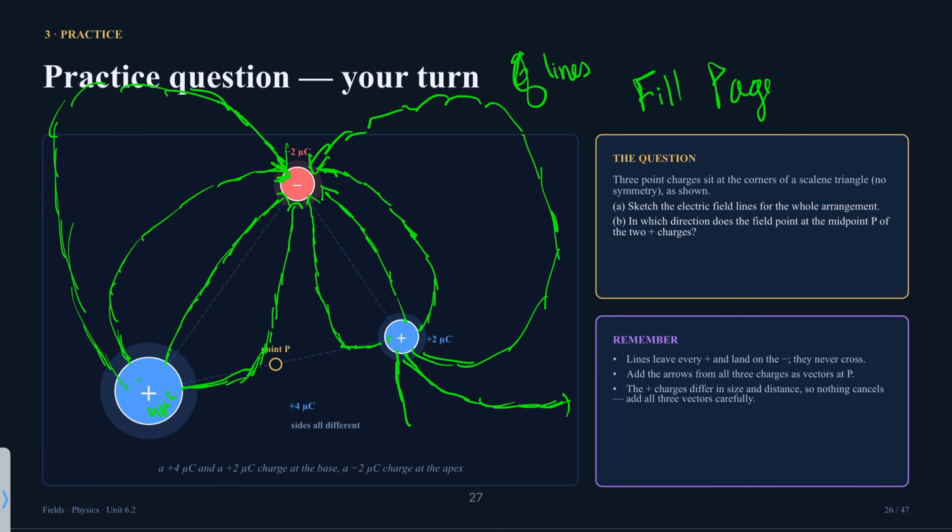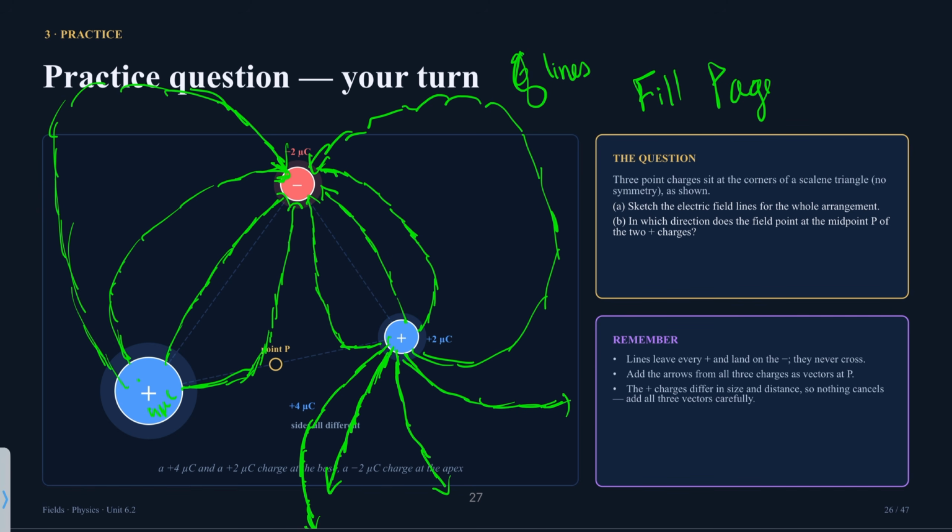So then, same here. 1, 2, 3, 4, 5, so I have 2 more to go. Then I'd probably put one bit straight but bit curved here. I have 7. So then one more could probably go like that.